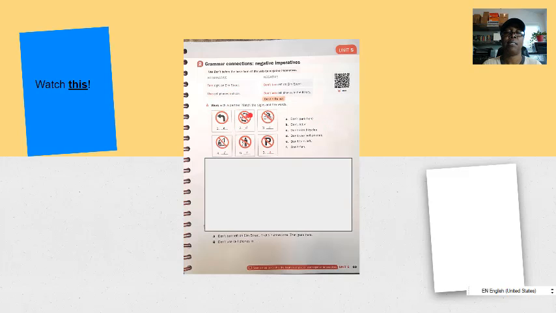So you see here they have a sign, and they want you to match the sign with the imperative over here. The only thing I don't like is this should also have a slash through it, which means don't turn left. They forgot the slash. But number one is E, don't turn left.